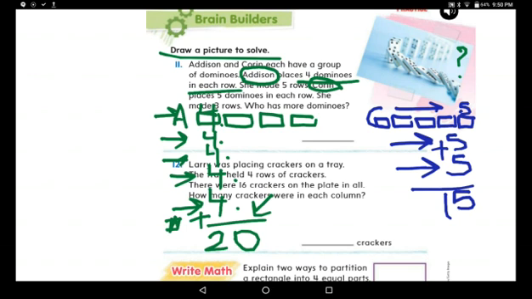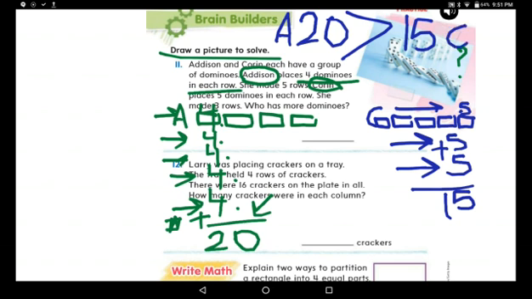Now, who has more dominoes now? Is 20 bigger than 15 or smaller? So 20 is bigger than 15. 20 is for Addison, while 15 is for Corin. Great job.